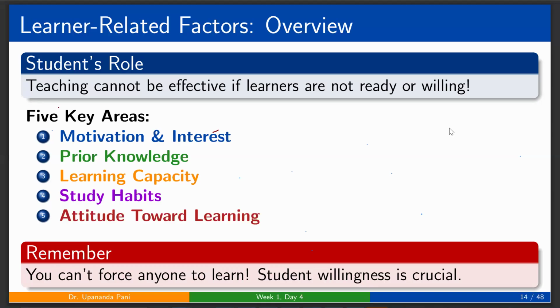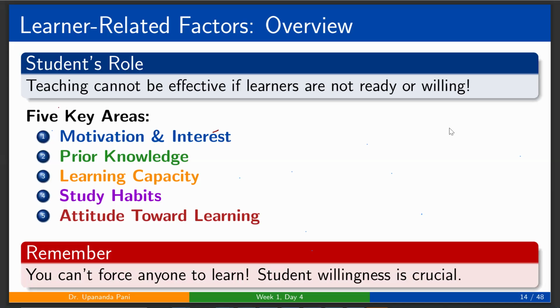So now let us try to focus on the student role, right? Teaching cannot be effective if learners are not ready or willing. This is a very important part. You will say that the teacher is there, all the 4 dimensions of a good teacher are there in the class.